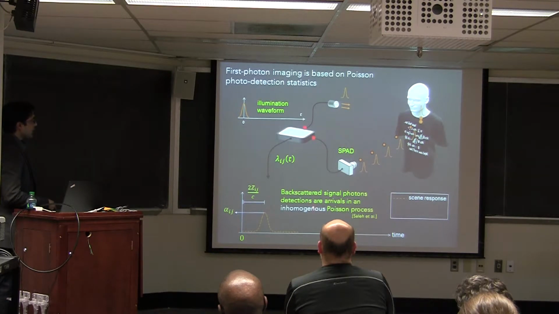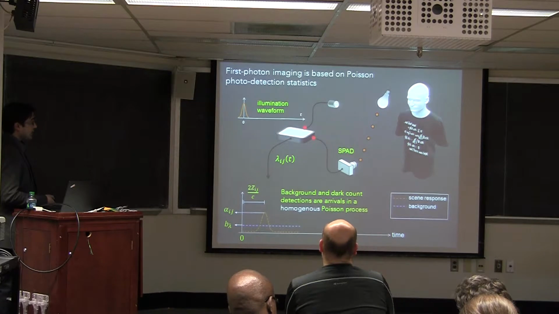An inhomogeneous Poisson process has a rate function that's here denoted lambda_ij(t) for the pixel patch ij. The rate function of this Poisson process is a scaled and shifted version of the illumination waveform. The shift depends on the distance to the scene point, z_ij, and the scaling depends on the reflectivity, alpha_ij.